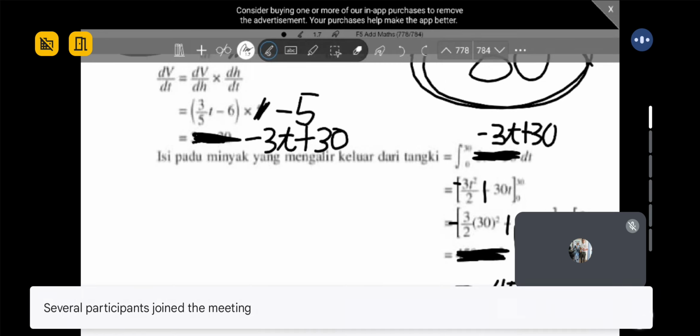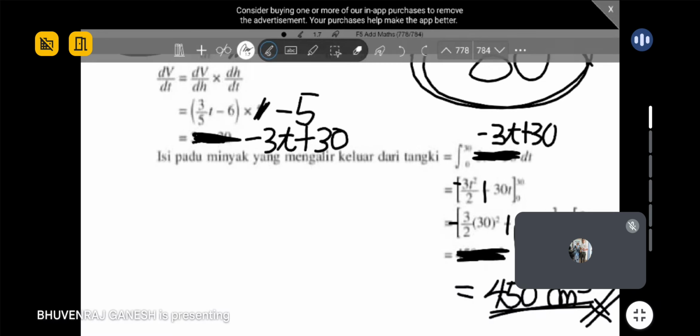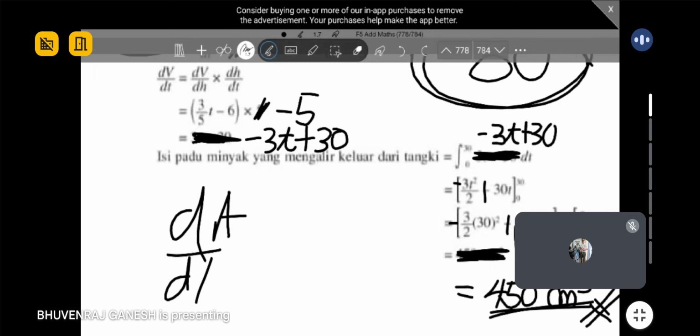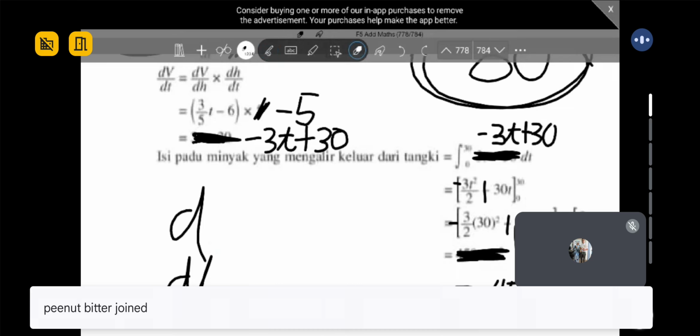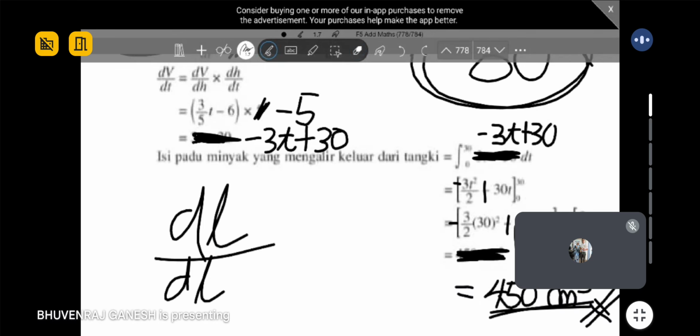Do you get me? Let's say the question asks you for dA/dt. Okay, let's say dA/dt, so A is area, luas. Or maybe not area, let's say length, panjang, lebih senang. So you should get positive, but sometimes you will get negative, but it's okay.